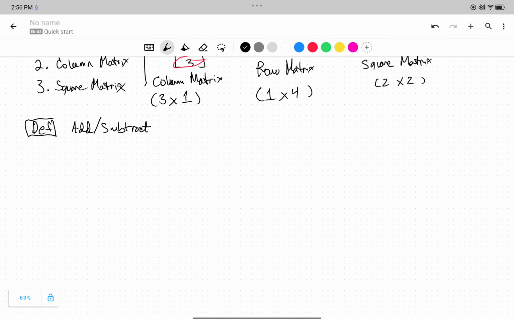We just need to make sure they are the same size. A matrix has to be added with another matrix that is the same size. And how are you supposed to add or subtract? Corresponding entries. In other words, match the numbers. It'll be pretty easy.